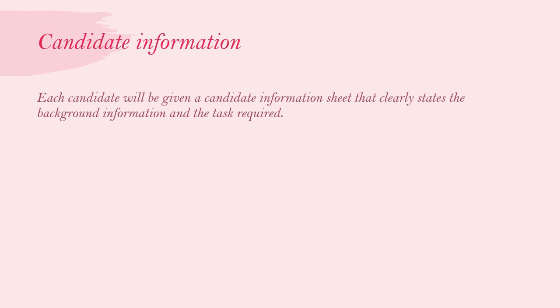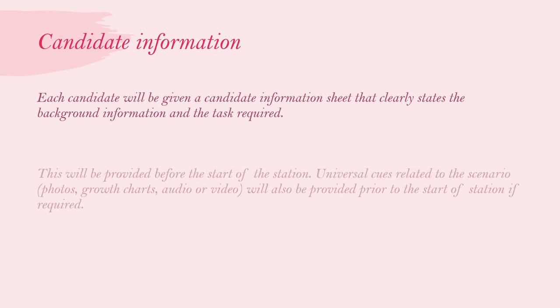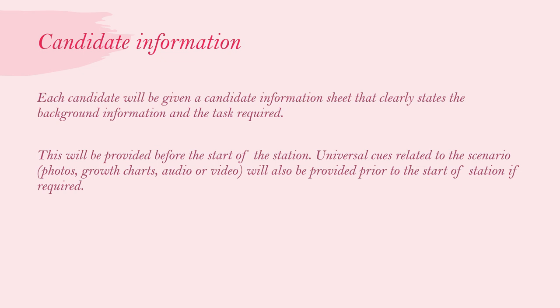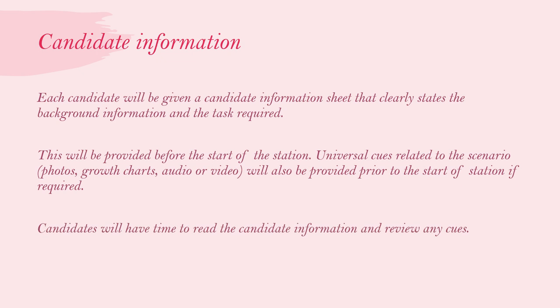Before the candidate enters the room, the candidate information sheet will be given to the candidate. The information states the background information and the task required to perform. 4 minutes will be the waiting time outside.